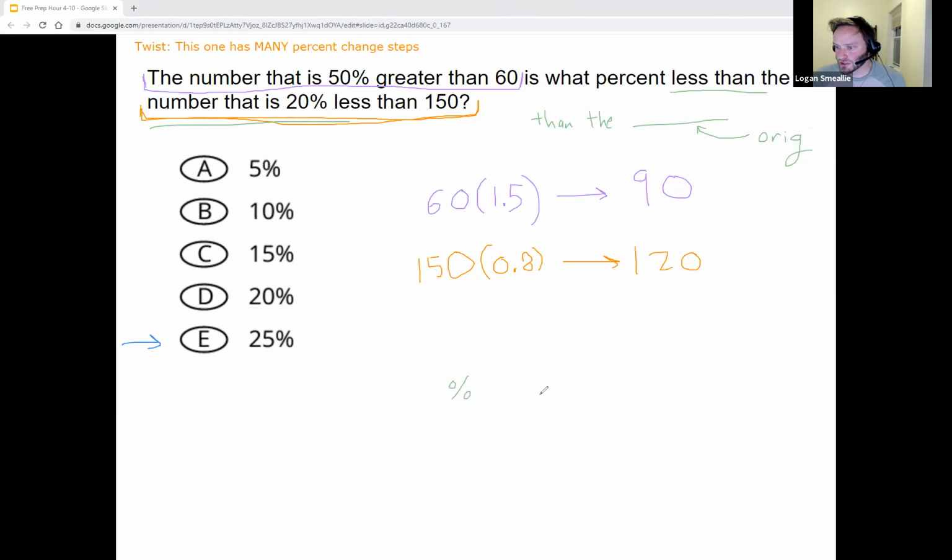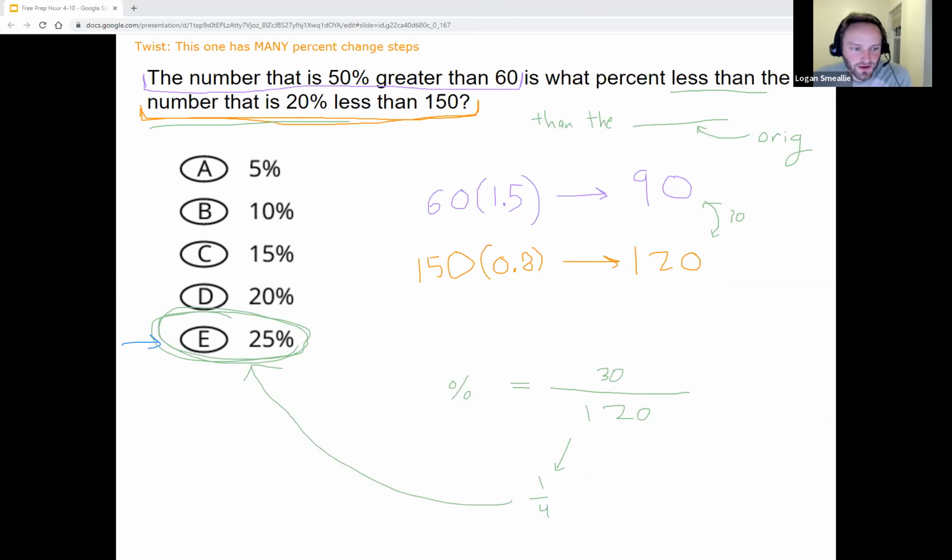So for the percent change, my original is 120. My change is 30. So 30 over 120. Y'all got it. That's 1/4. And 1/4 is 25%. Yay for all of the correct answers in answer choice E.